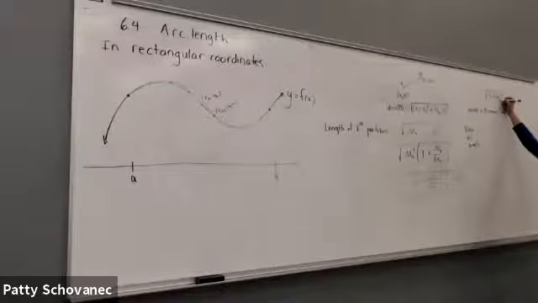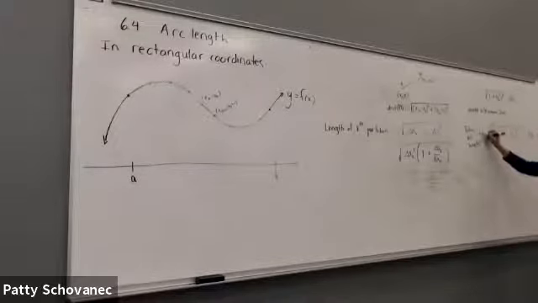And that'll be yk prime, so that's the derivative over each subinterval. So the total arc length is going to be a sum from k equal to 1 to n of things that look like that. And then we take the limit as n goes to infinity, which makes the delta x's go to 0.